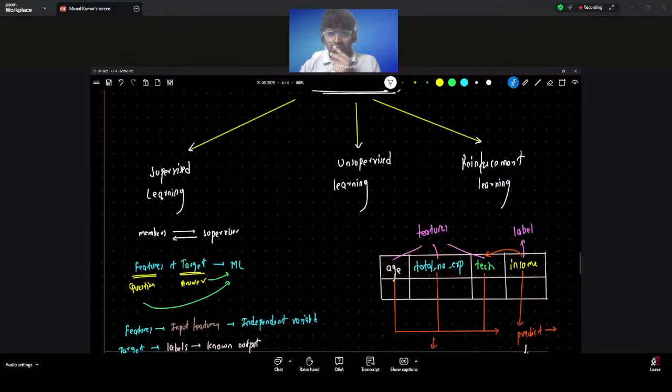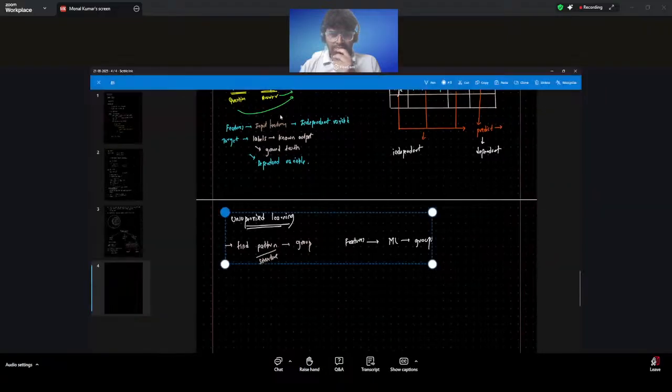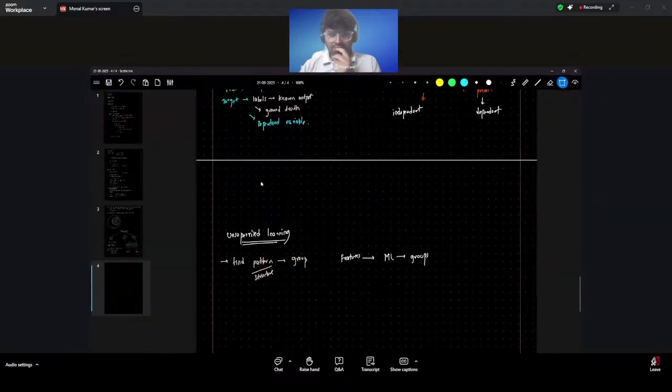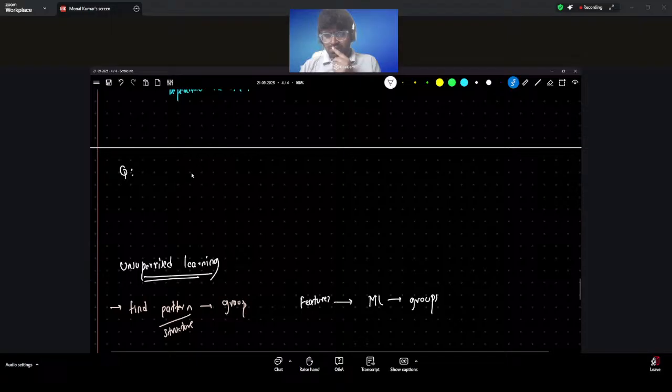In supervised learning, let me also mention what we ask in supervised. The question we ask in supervised is, given data, predict some answer, whatever the answer we require.